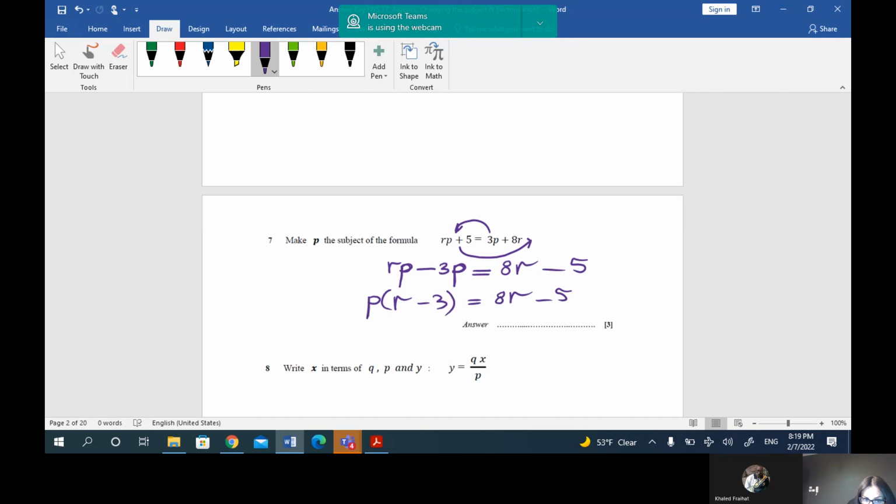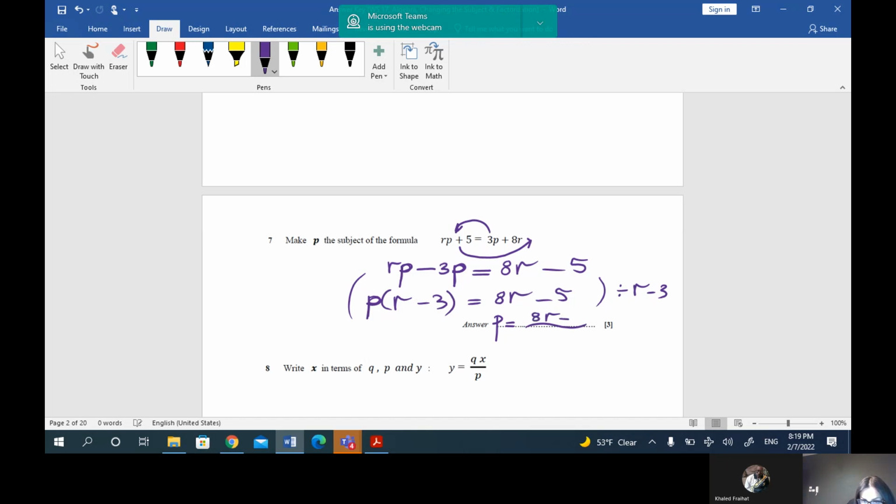Now, P is our subject, so P times what's inside the bracket. To get rid of what's inside the bracket, we're going to divide all this by r minus 3. Accordingly, P is equal to what's on the left side of the equation.